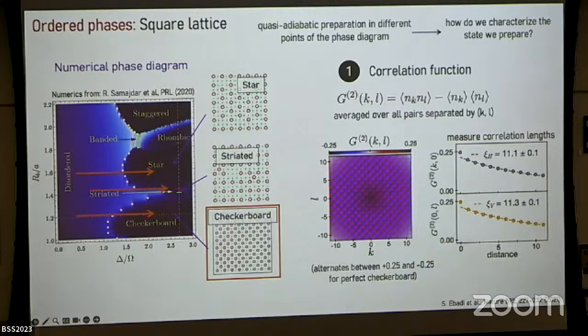But if I was in a perfect checkerboard, wouldn't that be the correlation? It would be infinite. I mean, it would be flat here, right? Because you're going into a definite product.